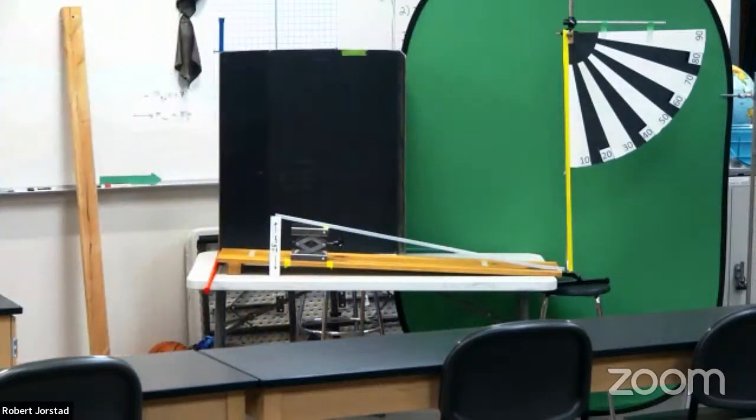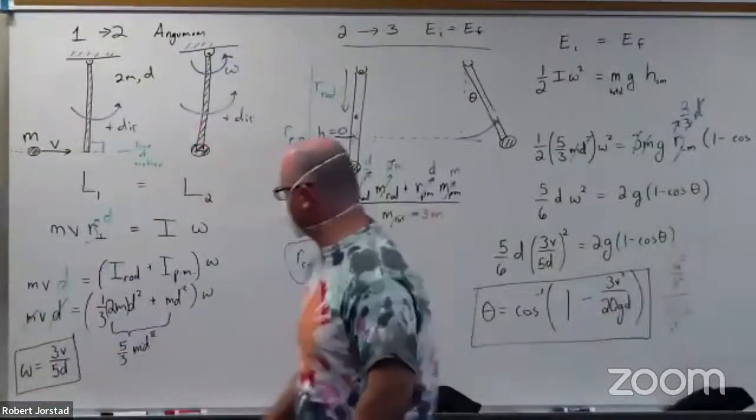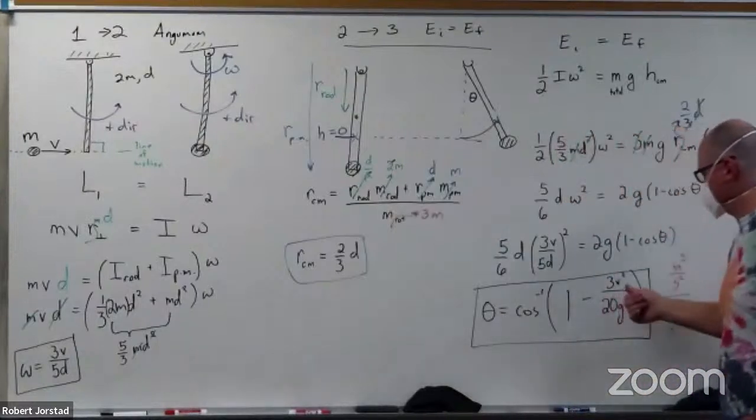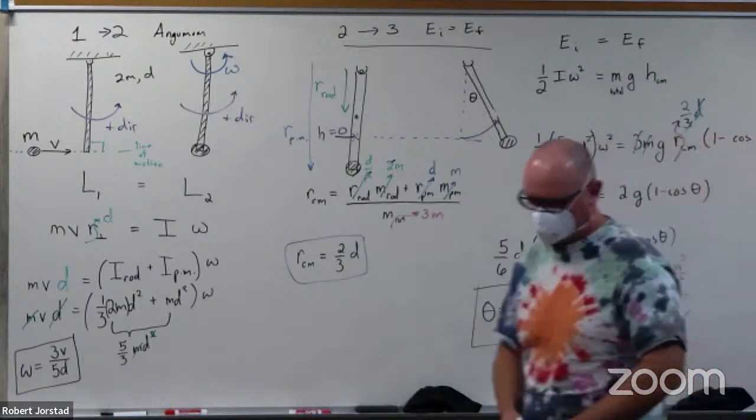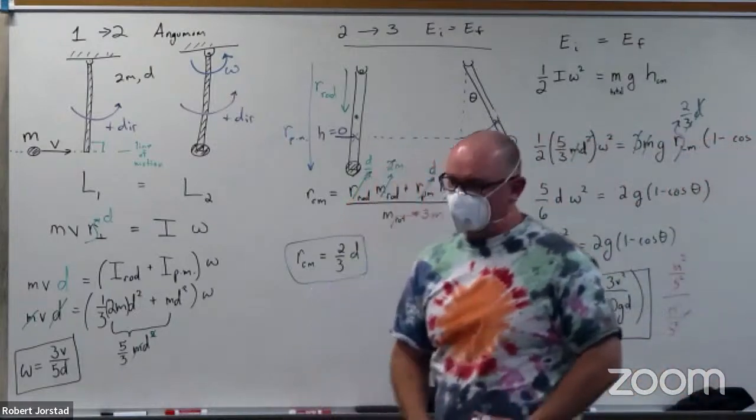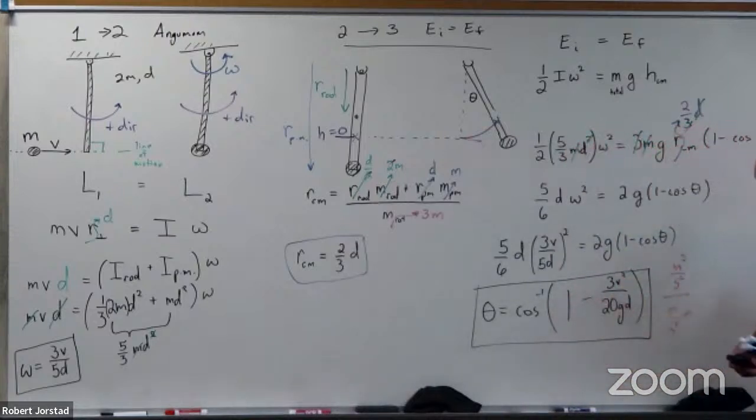So just going back here, give me just a second. Do me a favor, get out your calculator. Let's assume D is 1 meter and V is 1.9 meters per second. Punch it in and see what angle you get. Because that's the speed of the ball when it hits the bottom of the ramp.